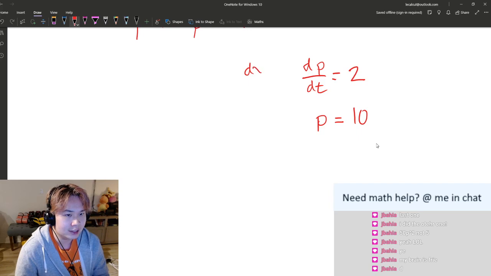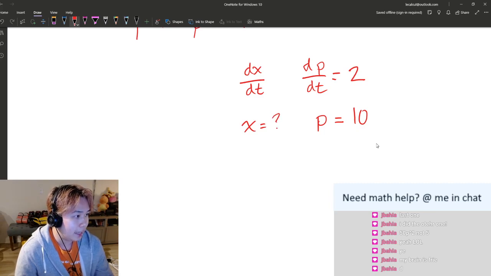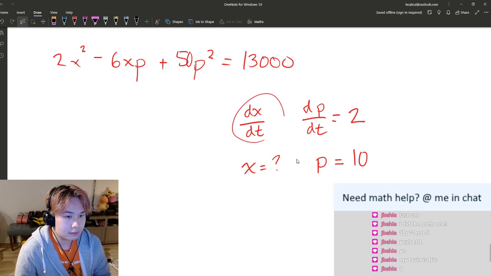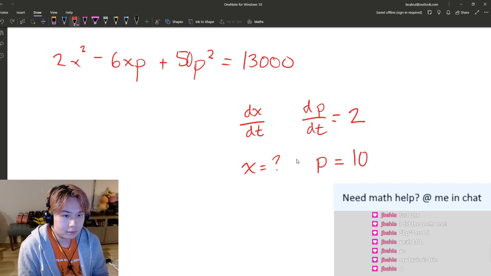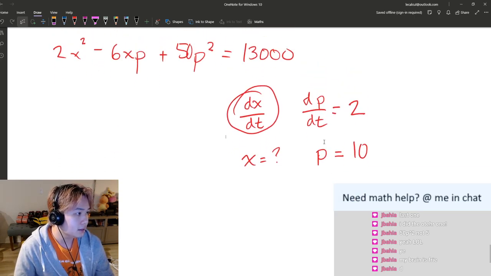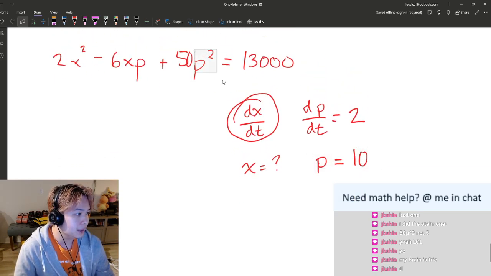So we want to find out dx/dt. Now, before you find that out, you need to figure out x. That's easy enough to do because you know p is 10, so you can plug it in and solve for x.